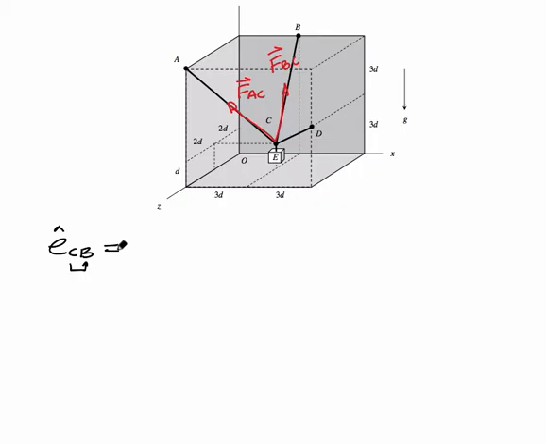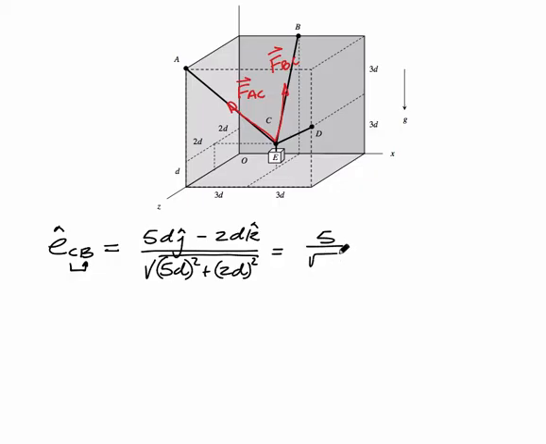The distance is 5d in the y direction and 2d in the minus k. To make it a unit vector, I divide by the magnitude, the square root of 5d squared plus 2d squared. That unit vector becomes 5 divided by the square root of 29 in the j minus 2 divided by the square root of 29 in the k.